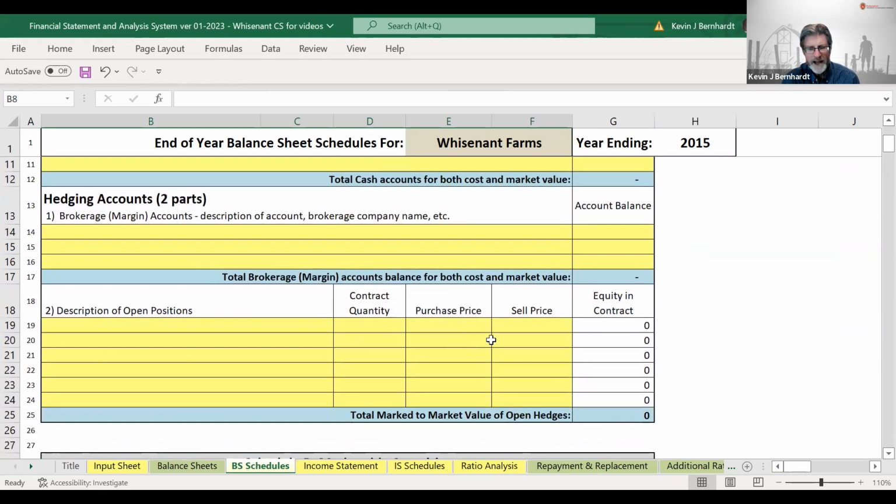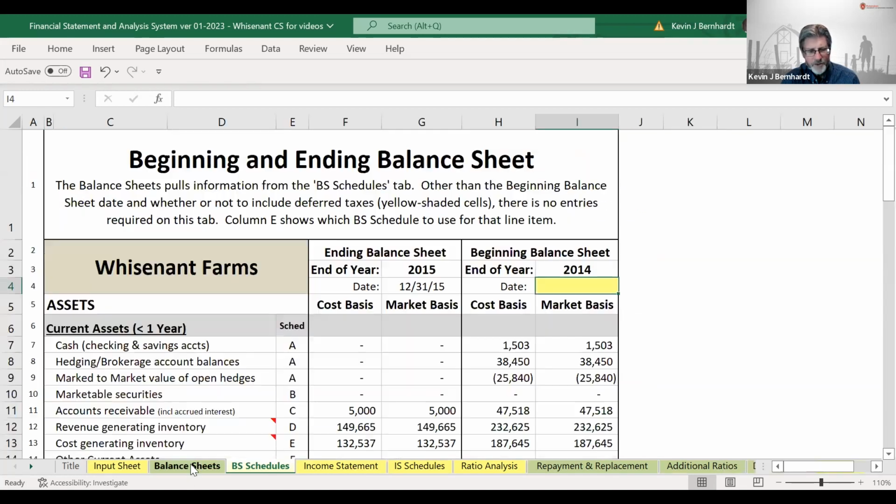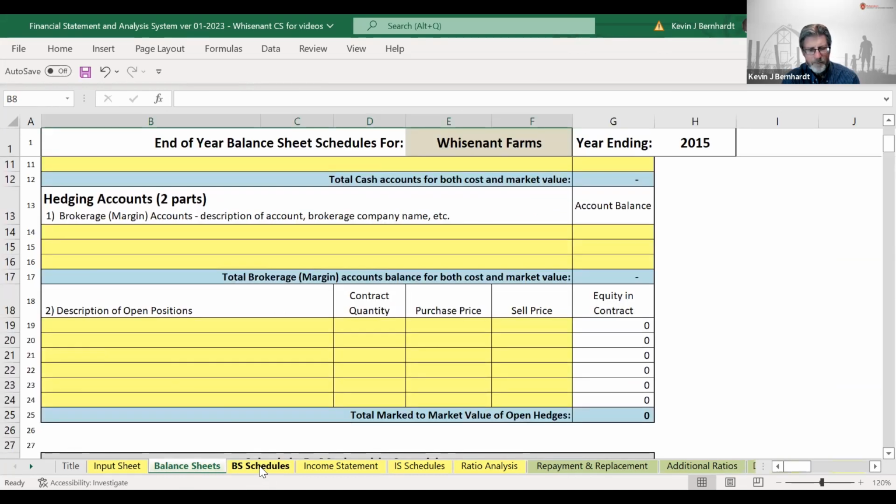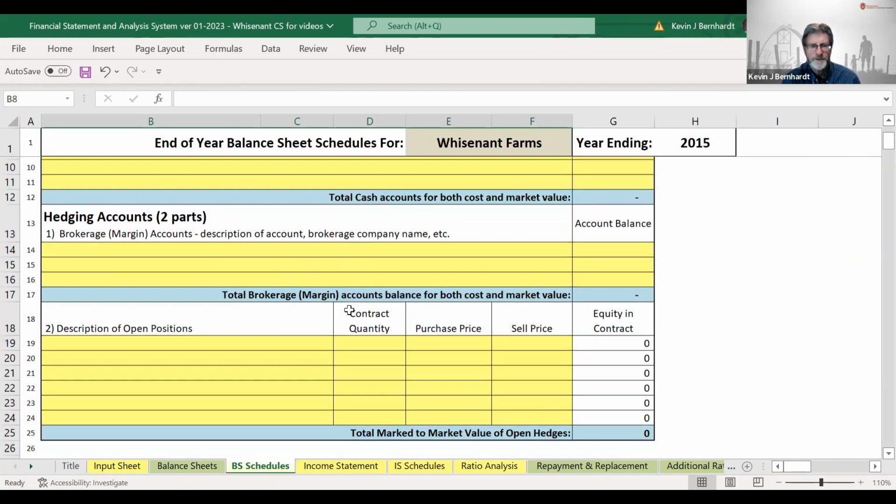Once we fill that out, then the numbers that you see in the blue rows, those numbers are automatically added up once you've completed this schedule, and those numbers will automatically transfer over to the balance sheet into the appropriate place. So the completion of this balance sheet is accomplished by completing all the schedules.